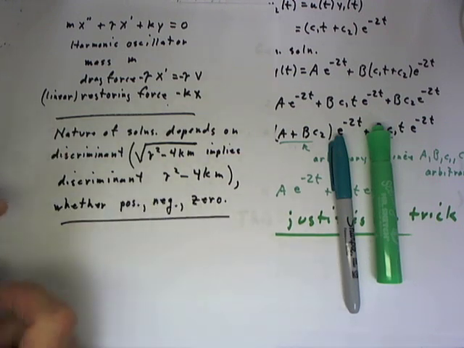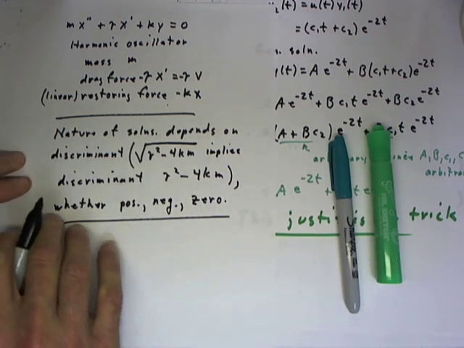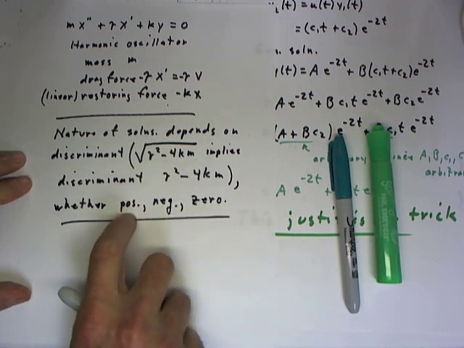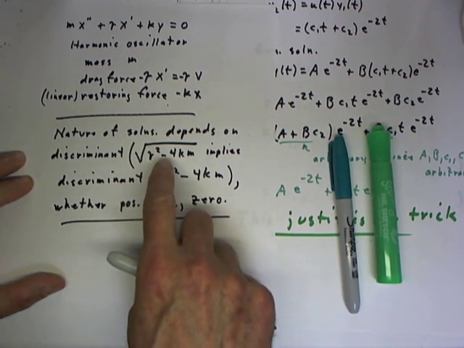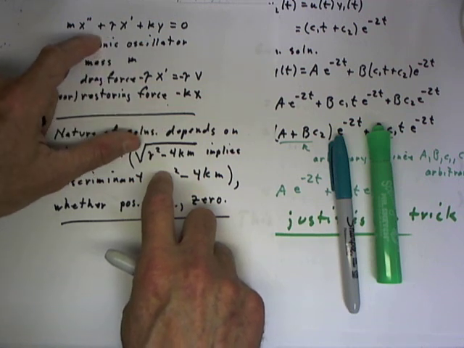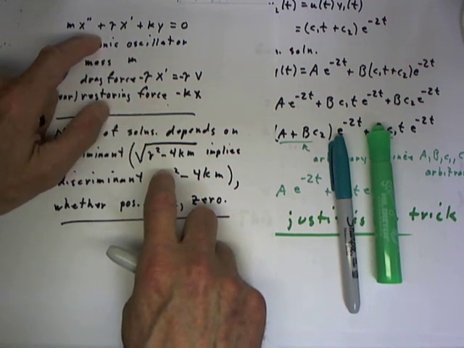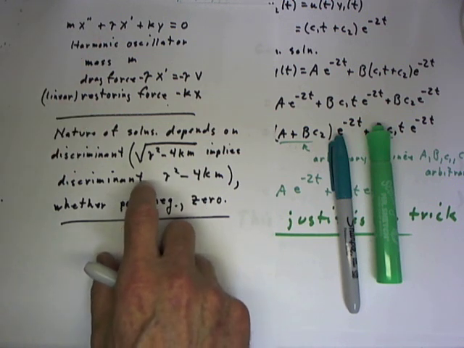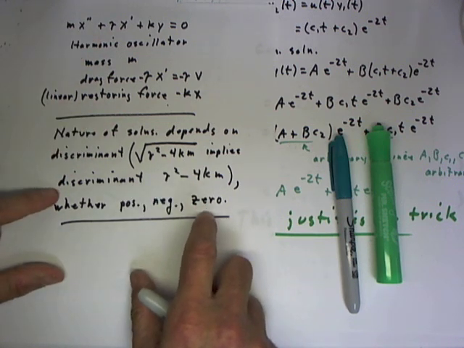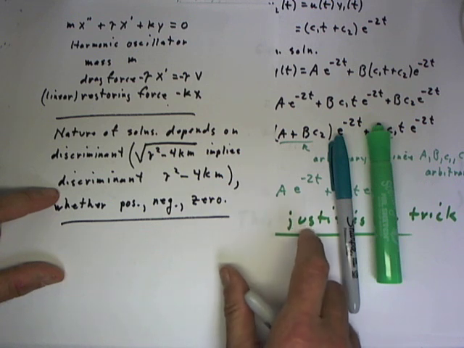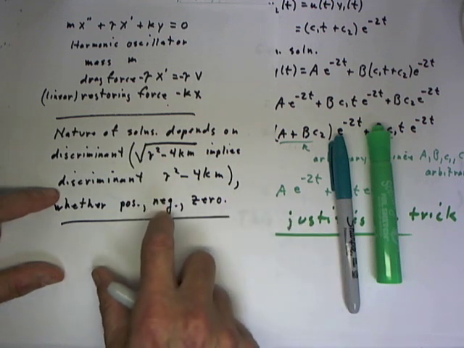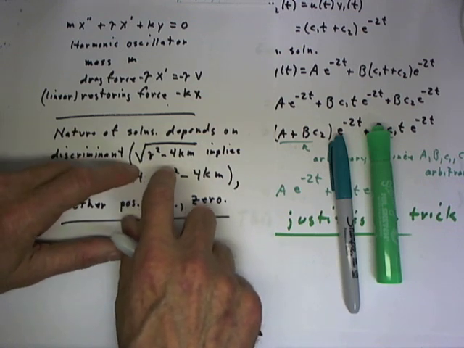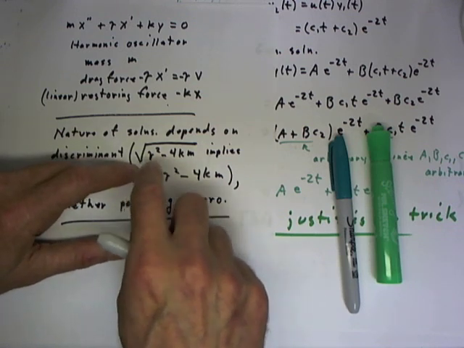We've been over these cases previously, so I'm not going to detail the situation other than to say if the discriminant is positive, then we have two real solutions to the characteristic equation, which give us two exponential solutions. If the discriminant is 0, of course, we have repeated solutions, a case that we've just talked about. And if it's negative, then we're going to get an imaginary part to our solution.